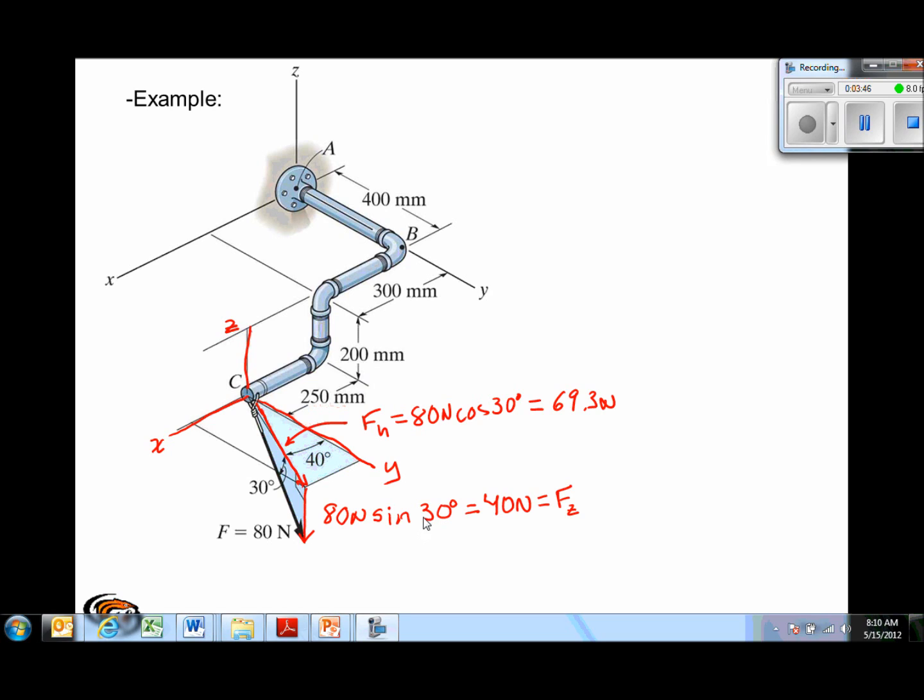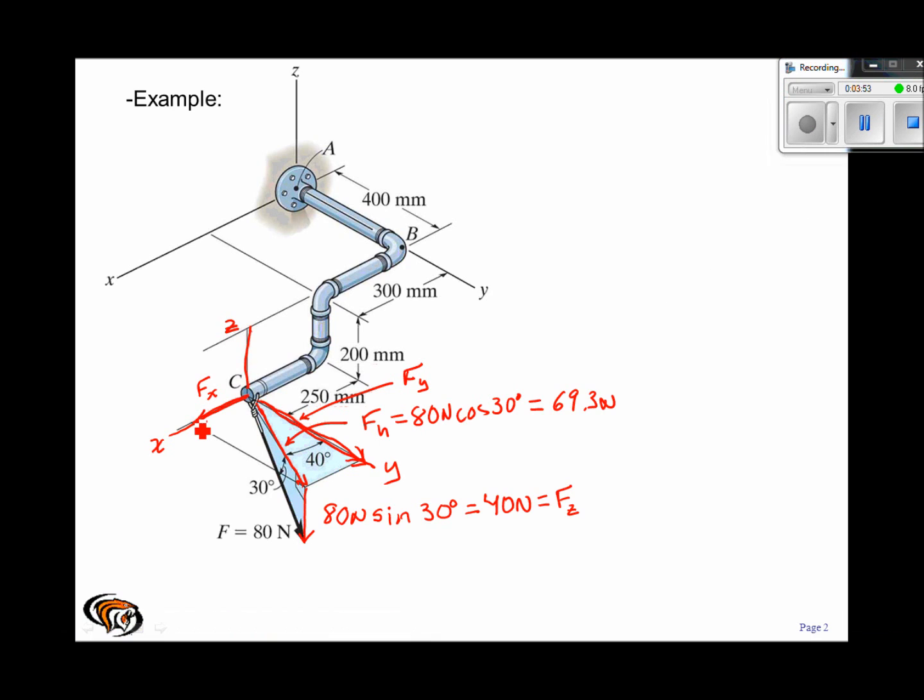Next step is to break up F of h along the x and the y axis. So in the case of F of x, we have F of x is equal to F of h times the sine of 40 degrees. In the case of F of y, we have F of h times the cosine of 40 degrees.